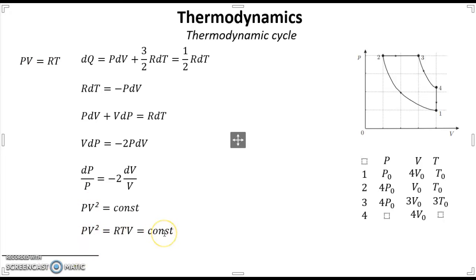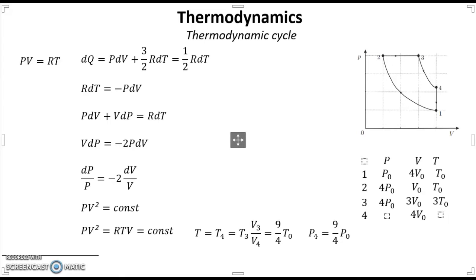We have this expression that T multiplied by V is a constant during this process. And because we already know the volume in points 3 and 4, we can find the relation between T in point 3 and point 4.